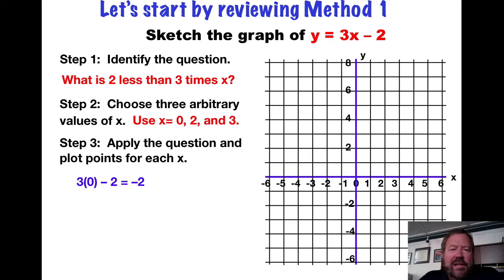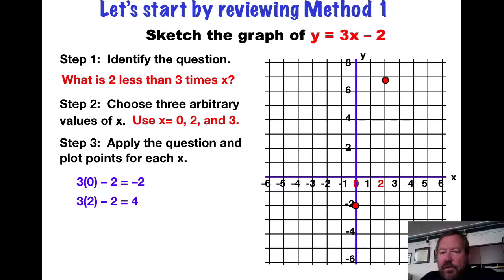So applying it to the number 0, the question was, what is 2 less than 3 times 0? Well, 3 times 0 is 0, and 2 less than 0 is negative 2. So for the number 0, we plot a point at negative 2. Applying the question to the number 2, what is 2 less than 3 times 2? 3 times 2 is 6, 2 less than that is 4.